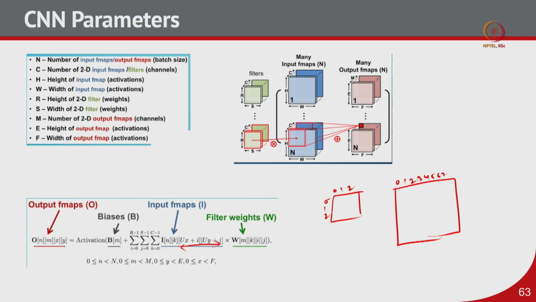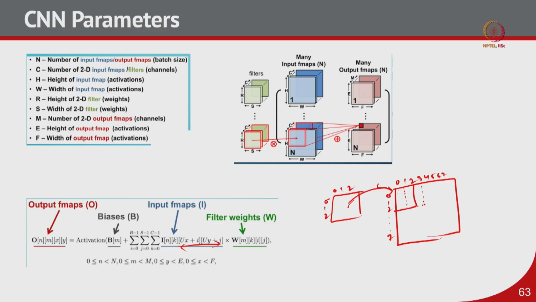Whenever we perform the convolution, first this kernel will be projected on this, and then element-wise multiplication will happen, and then we will get the output, right. Now, when we do the next one, if our stride length is just 1, then we can project it here, from 1 to 3.